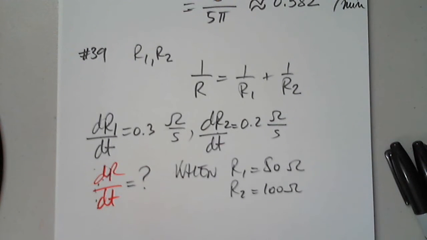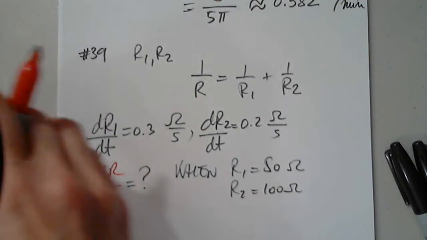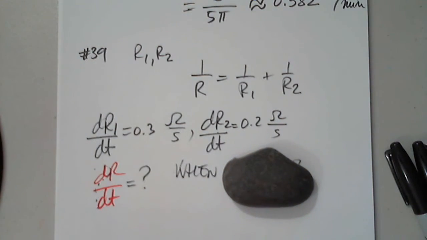Excellent. So how fast is R changing when blah, blah, blah, we don't care. That's the trap. It has to wait. Good. In this case, I don't need the figure. I don't need an equation. It's given to me.